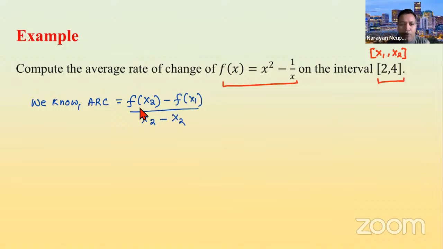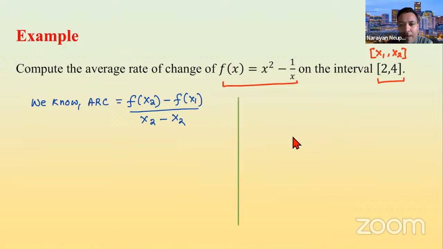Value of the function at x2 minus value of the function at x1 over x2 minus x1. So this is just like y2 minus y1 over x2 minus x1. It's just like the slope. But you know that your x1 is 2 and x2 is 4. So we want to find the values of f of x2 and f of x1. So we are going to do a little bit of side work there.